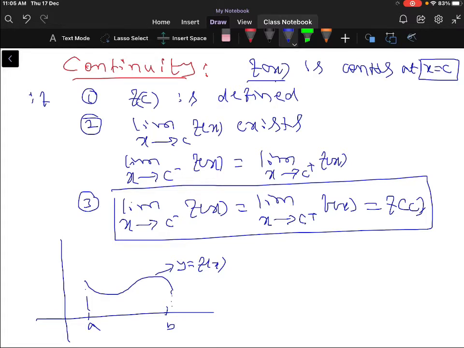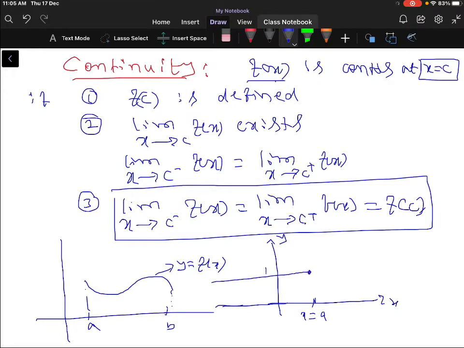Let us take an example which is not continuous. So for example, this is the x-axis, this is the y-axis. This is x is equal to point a. So the domain is the whole real line. This is 1.